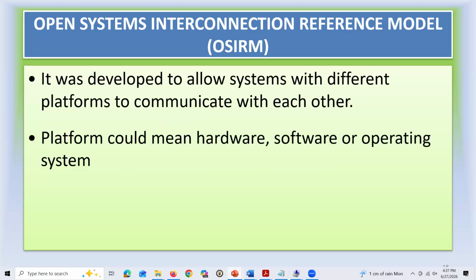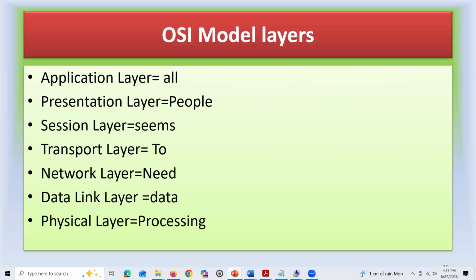Now, when we come to the arrangement, there is a specific way by which you can remember this. Even though they are 7 layers, you don't mention or list them anyhow. They have to be mentioned in a specific order.